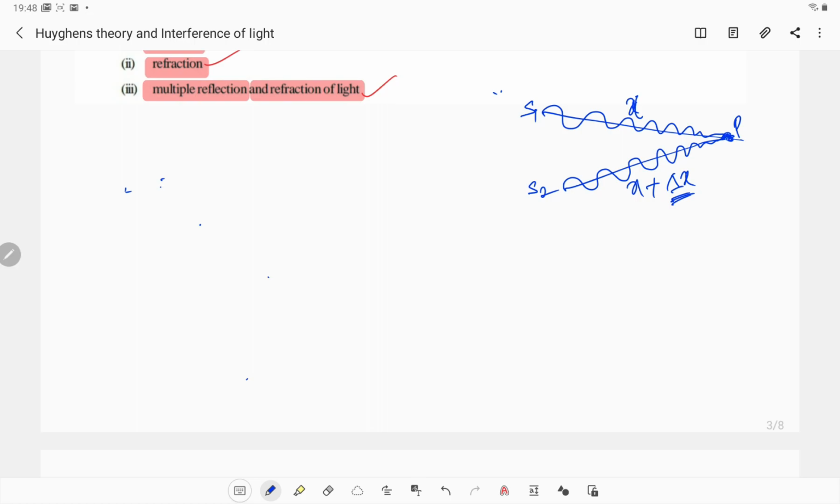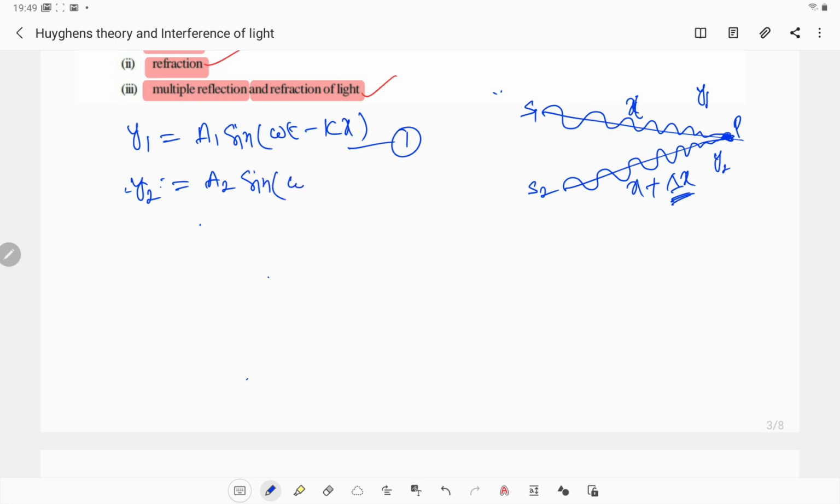This is a point in the medium. Its displacement due to the first wave is y1 and due to the second is y2. Therefore, y1 is equal to a1 sine (omega t minus kx). This is equation number 1. y2 is equal to a2 sine (omega t minus k(x plus delta x)).